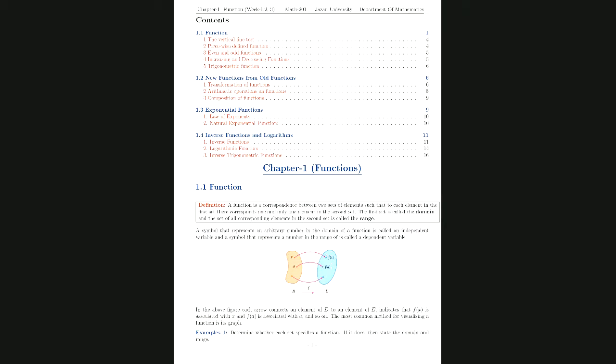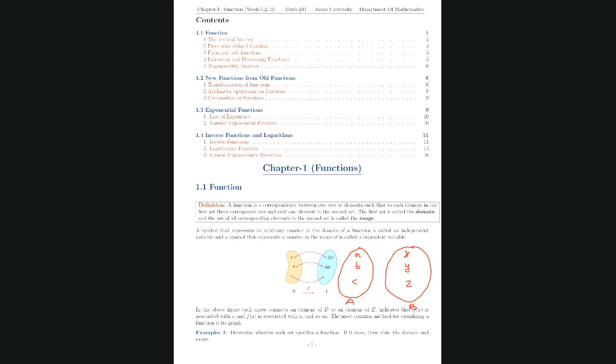Let me write one more example. Look over here. Here is one set A, and this is set B. In A I am taking elements A, B, and C, and in B I am taking elements X, Y, and Z. Now look here.